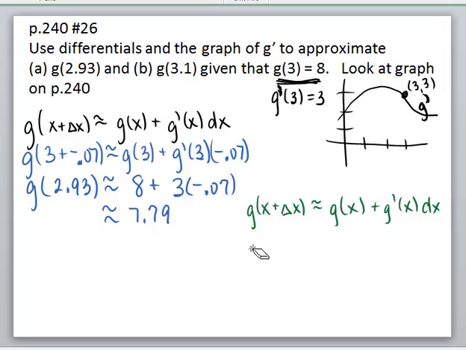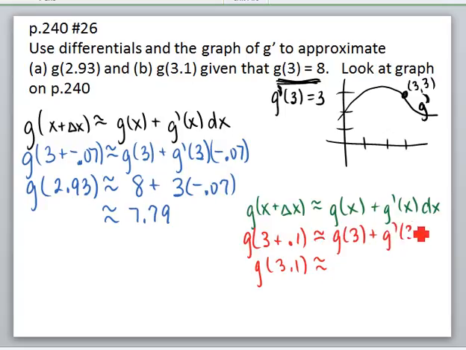So g of 3 plus, I would do 0.1 this time because I went g of 3.1, is approximately g of 3 plus g prime of 3, and my dx this time is 0.1. So g of 3 is 8 plus g prime of 3 is 3. Well, that's going to give me the answer of 8.3.